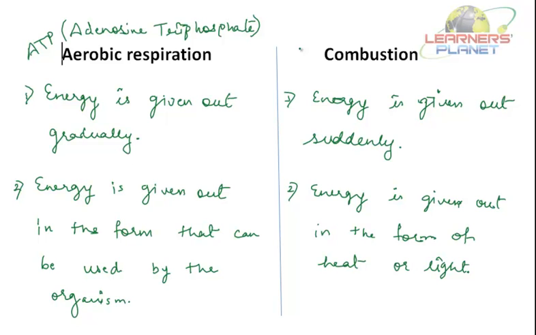Whereas in combustion, energy is not stored in the form of ATP. In aerobic respiration, energy is stored as ATP, an energy-rich molecule which can be used whenever needed by the organism. So these are the basic differences between aerobic respiration and combustion.